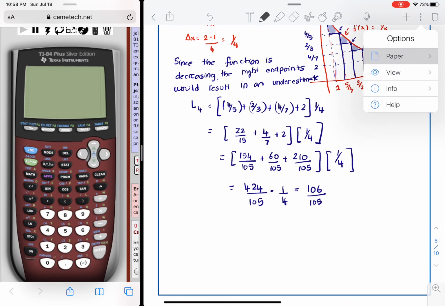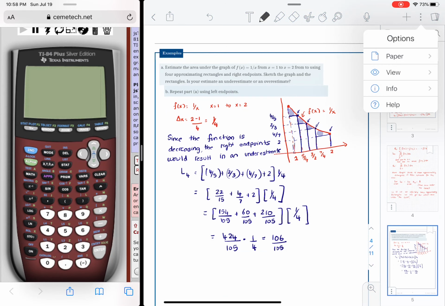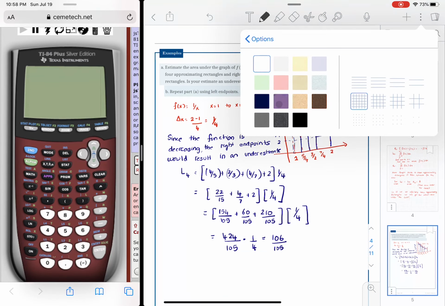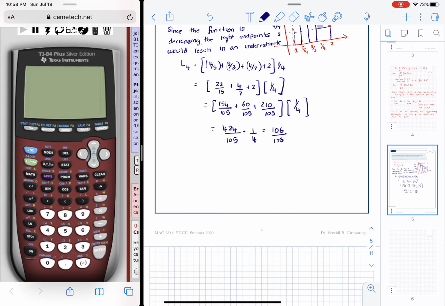Sort out a page here. So the right sum needs a graph, a similar graph. We have a function of that form. We have our sample points, not endpoints.